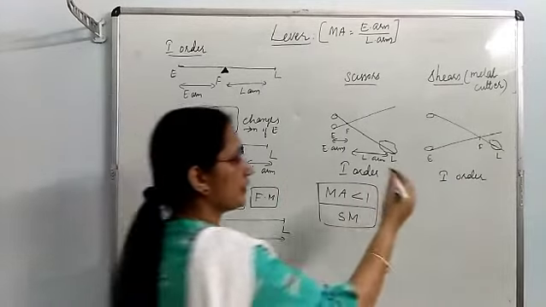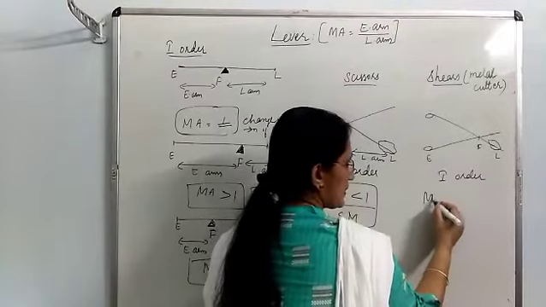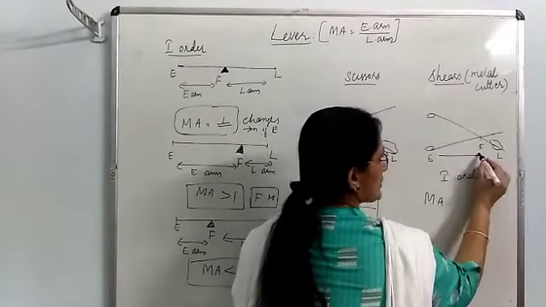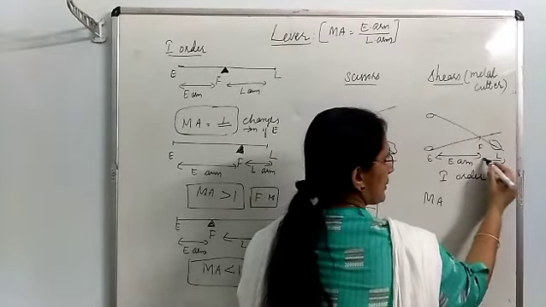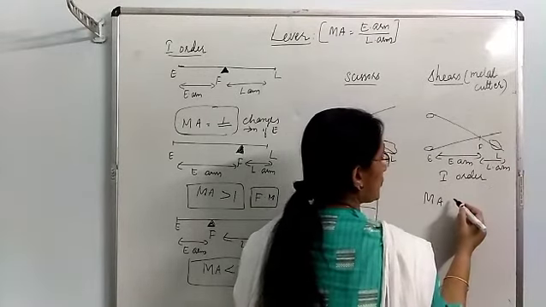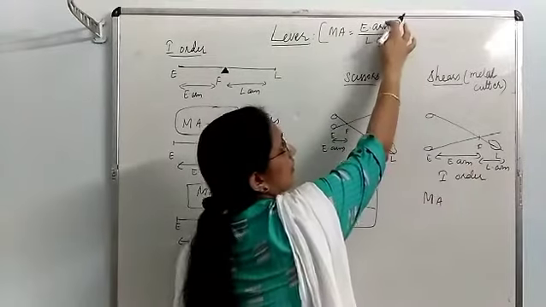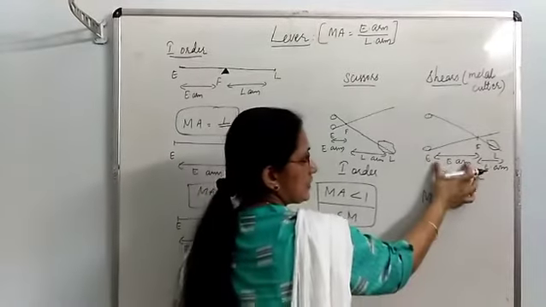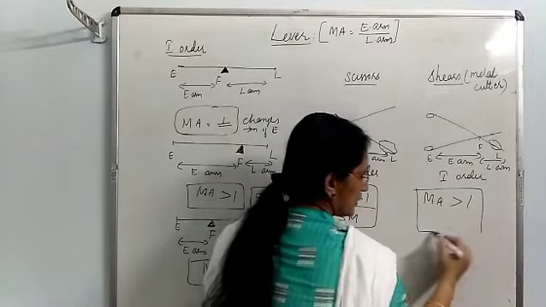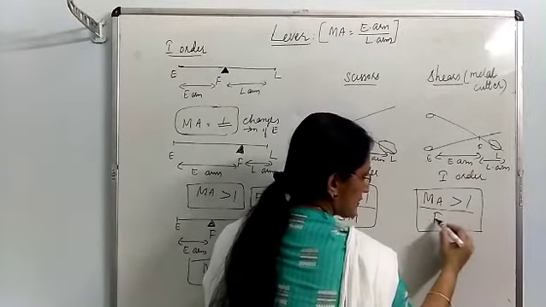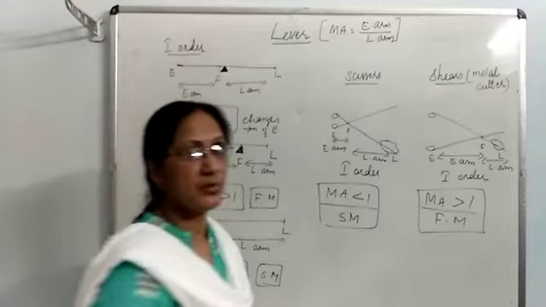Then what about MA of shears? Here effort arm is longer and load arm is shorter. So MA will be greater than 1 because effort arm is longer and load arm is shorter. MA greater than 1 means it is a force multiplying machine.